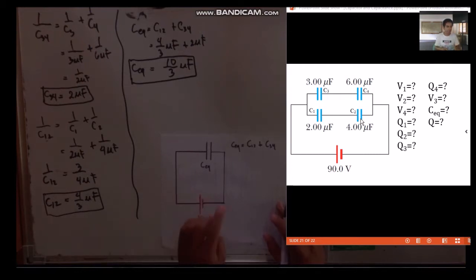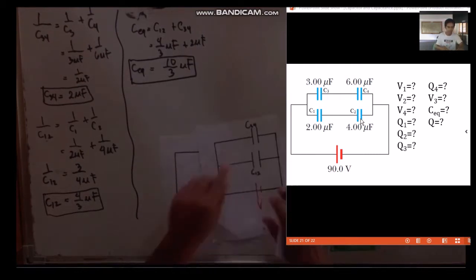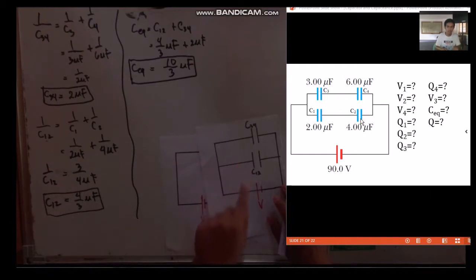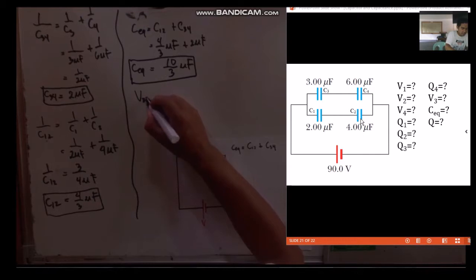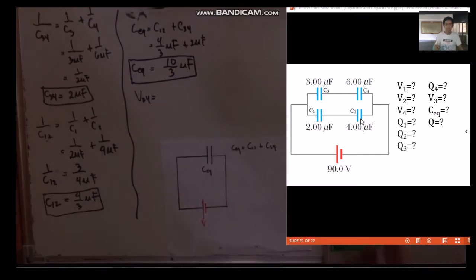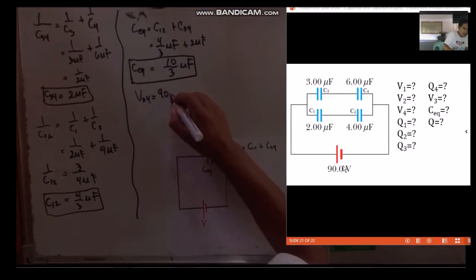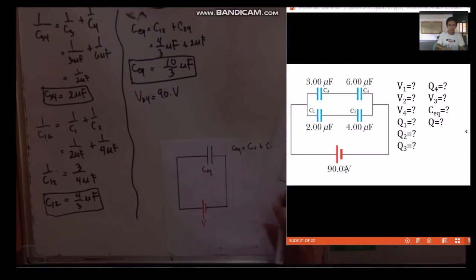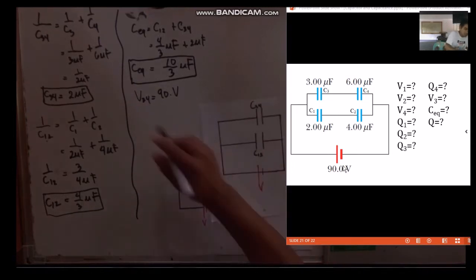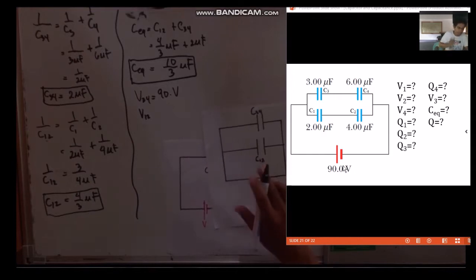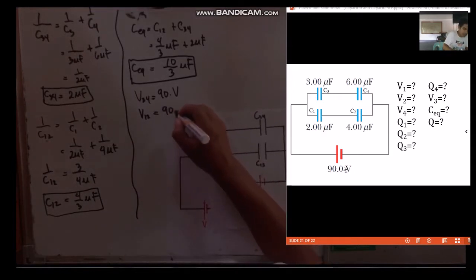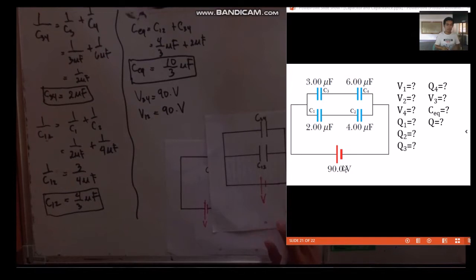So since C34 and C12 are connected in parallel, the voltage across C34 must be equal to this one, 90 volts. Okay. So V12, the voltage across C12, must also be equal to 90 volts, right?